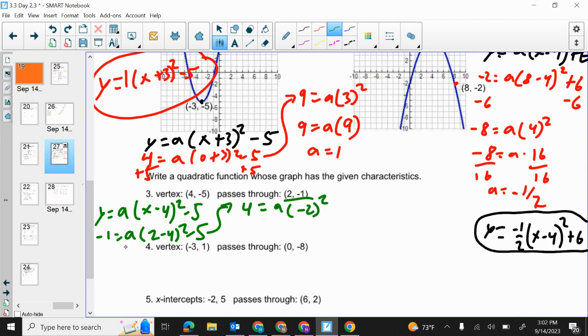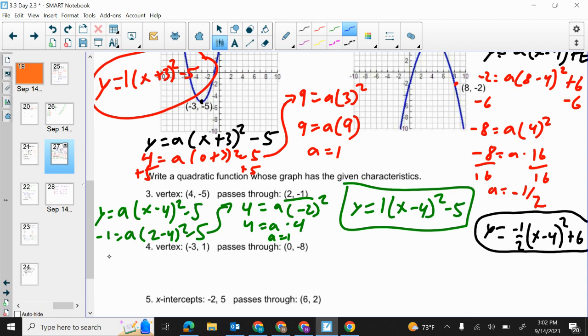I combined the inside and squared it: negative 2 squared is 4. So 4 equals 4A, my A is actually just 1 here, so it didn't change. My equation is just y equals 1(x minus 4) squared minus 5.